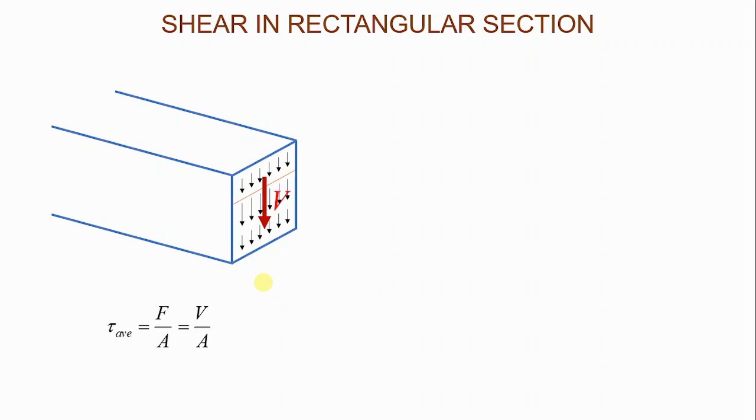Really, what we mean is that we want you to tell us what is the shear stress on this plane, because the magnitude of the shear stress on this horizontal plane is the same everywhere. So when you get a question where they say find the magnitude of the shear stress, maybe, I don't know, 200 millimeters from the top surface of the beam, that will mean you need to find the magnitude of the shear stress on the horizontal plane that is 200 millimeters from the top of the beam.